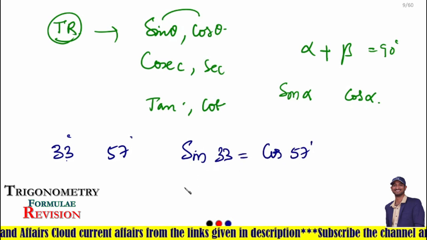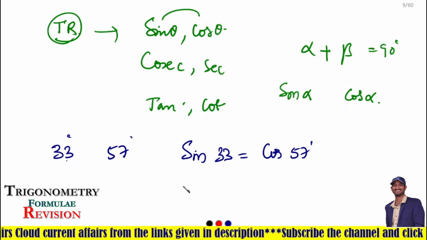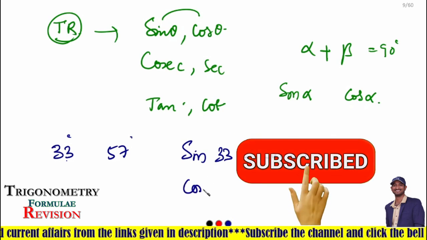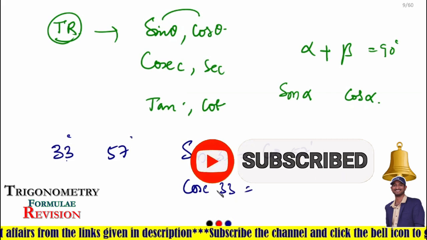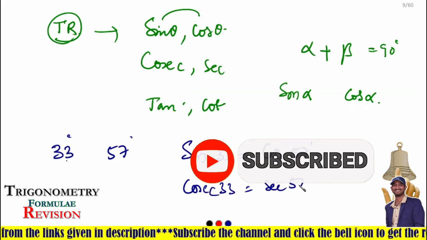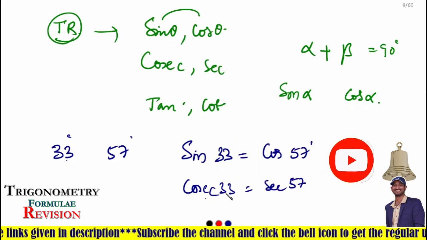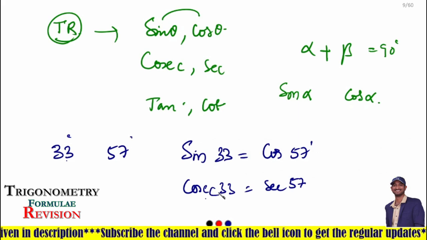Is it clear? Similarly, cosecant of 33 is equal to secant of 57, or cosecant of 57 is equal to secant of 33.